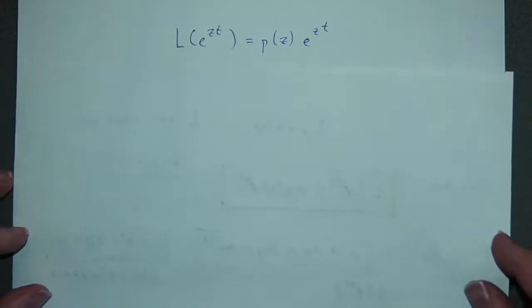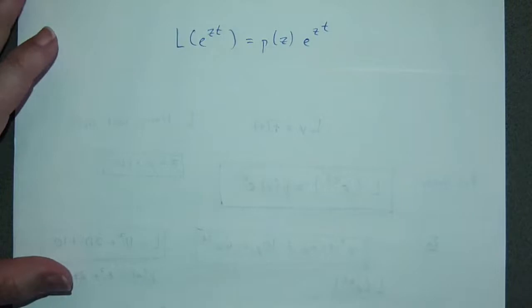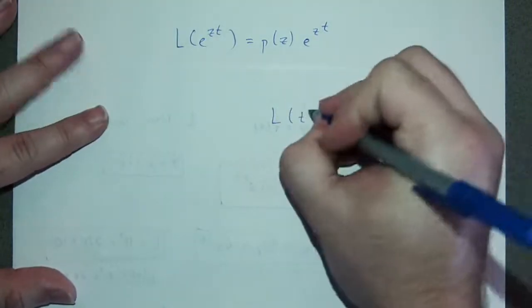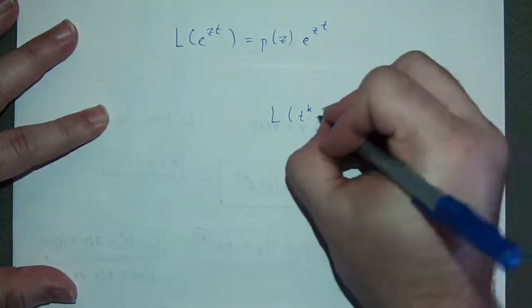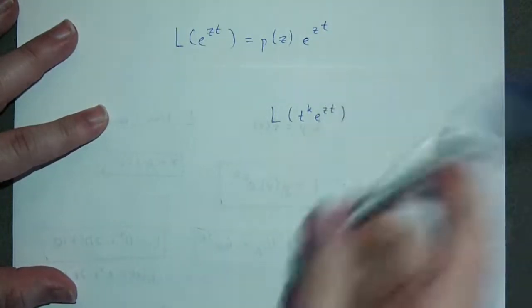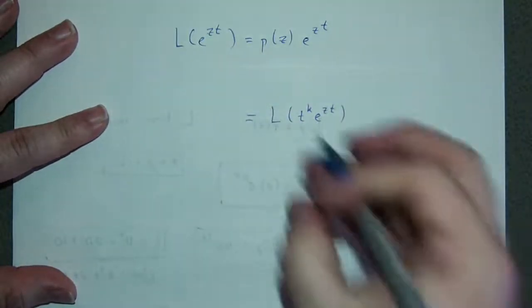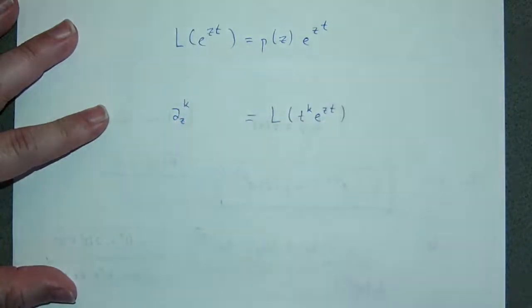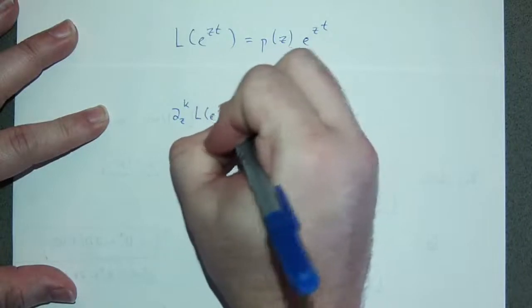I'm going to write that fact here. If I apply L to t to the k times e to the zt, the effect of this is that I take a kth derivative with respect to z of L of e to the zt.